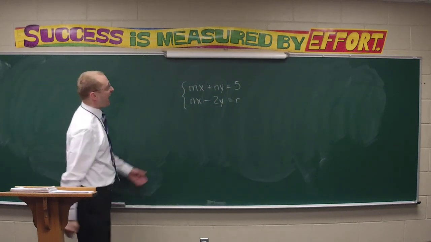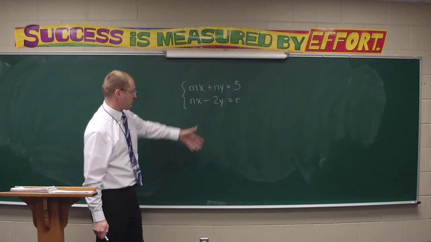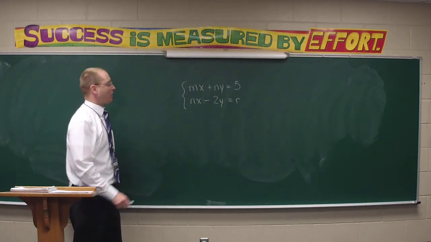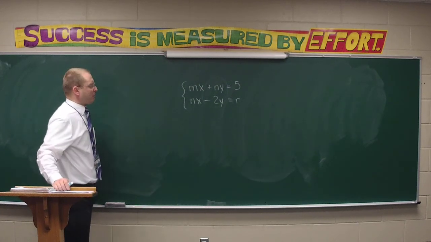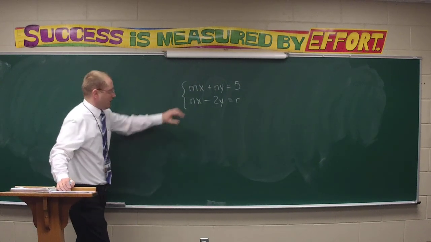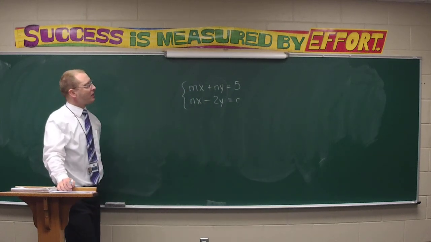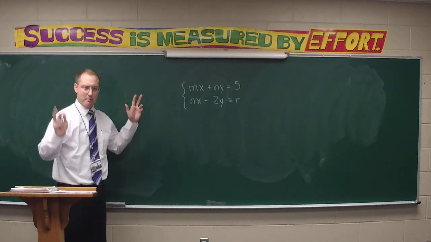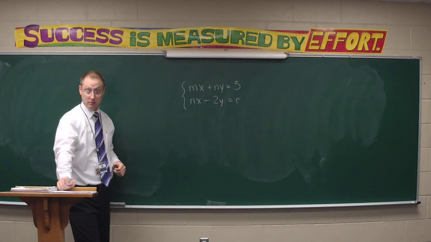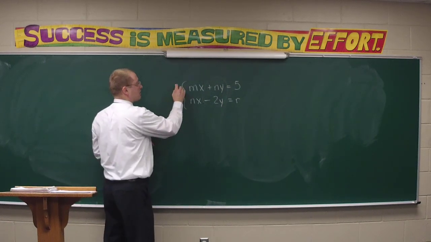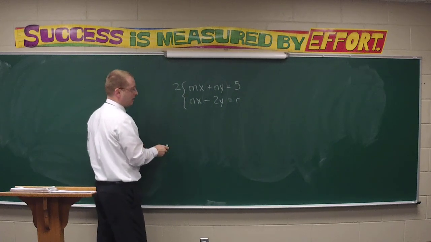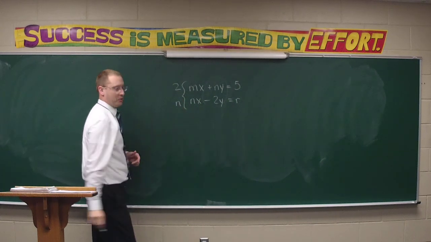So here, I want the y's to cancel, but one's an ny and one's a negative 2y. Well, obviously those don't cancel. But I got to make them match, other than I like the fact that the signs are different. Well, how can I make an ny and a 2y match? If I make this a 2ny, and I make this a 2ny, right?